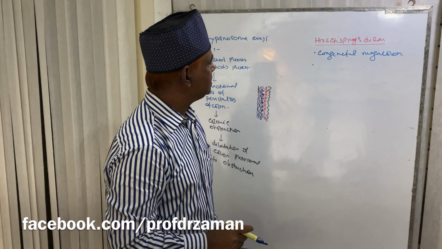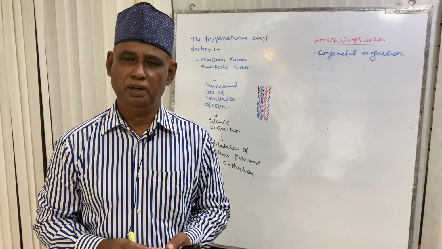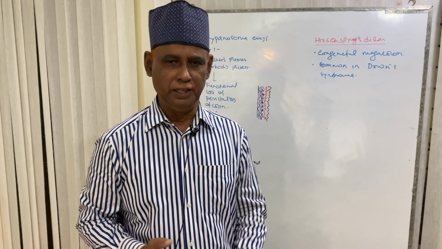This Hirschsprung disease is common in Down syndrome. And this Hirschsprung disease is usually associated with genetic mutation.